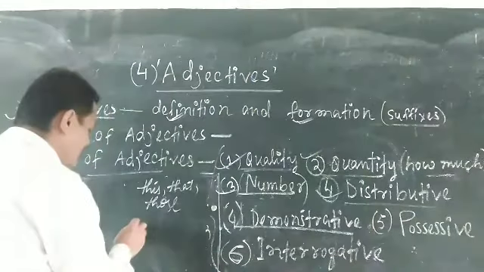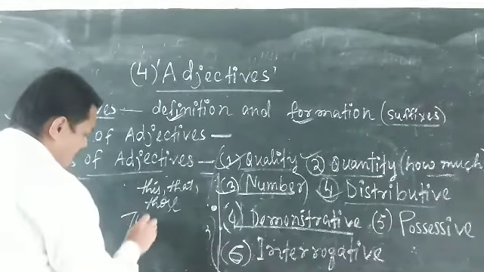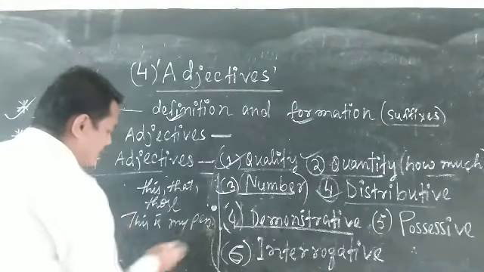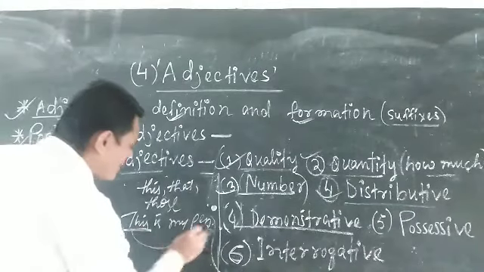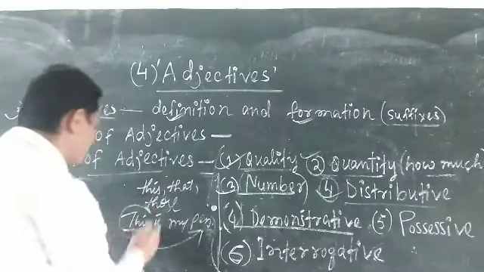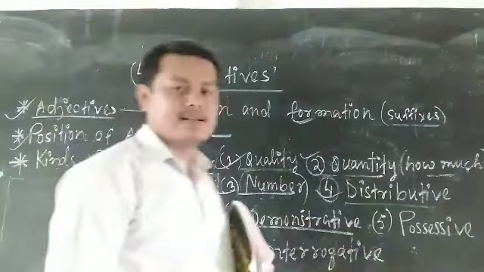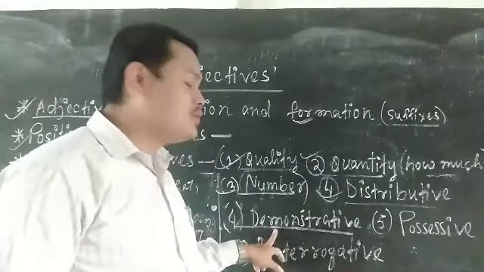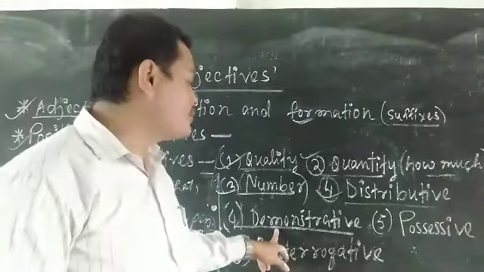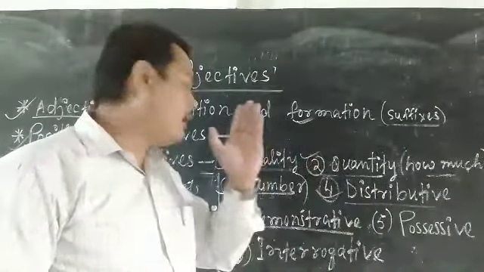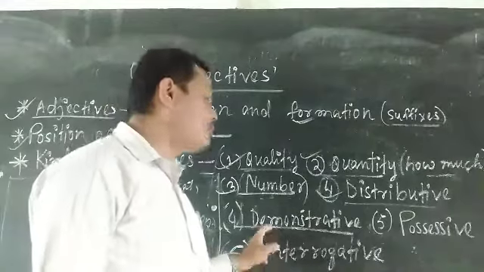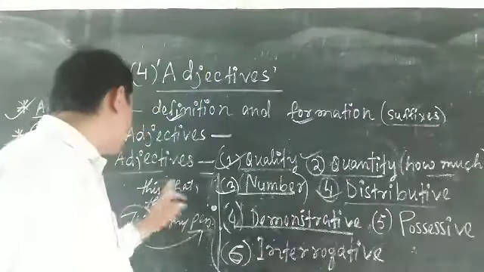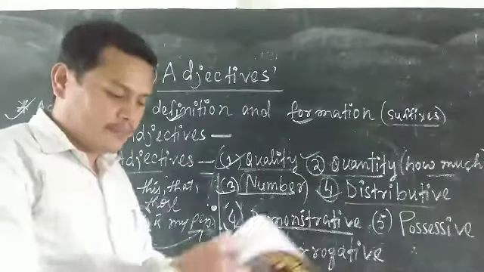For example, if I say this is my pen, here this word is used to point out the pen. So such words are called demonstrative adjectives. Demonstrative adjectives are those words which are used to point out a certain noun in a sentence. For example, this, that, those, etc.